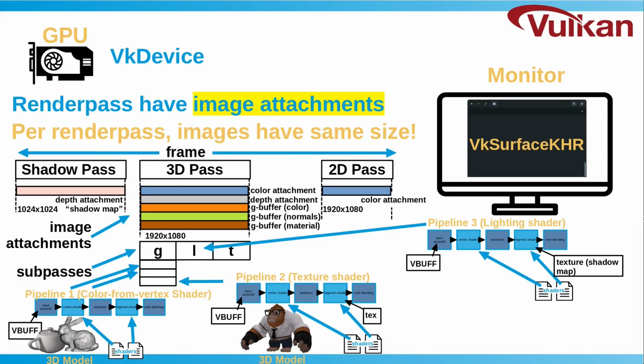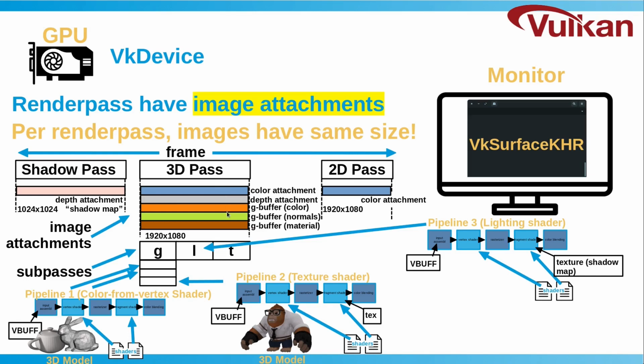What is important to know, render passes have image attachments. And per render pass, the image attachments always have the same size. So in our example, we said we have 3 render passes, a shadow pass, a 3D pass, and a 2D pass. The shadow pass has one image attachment, which is a depth attachment. It is referred to as the shadow map, and it has a size of 1024 times 1024.